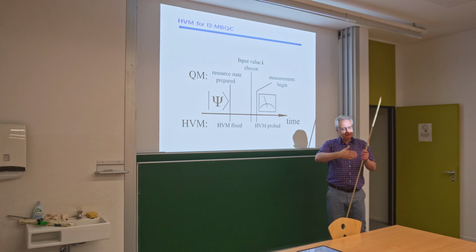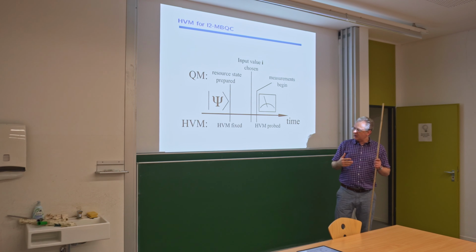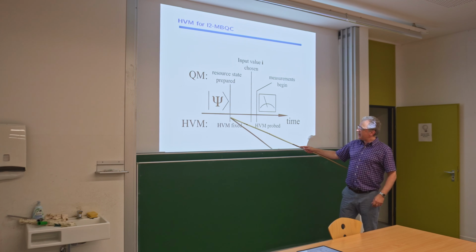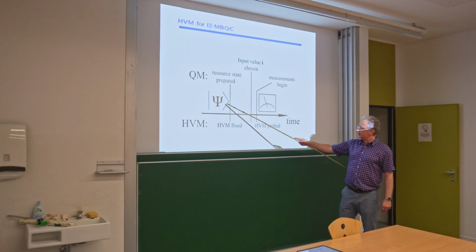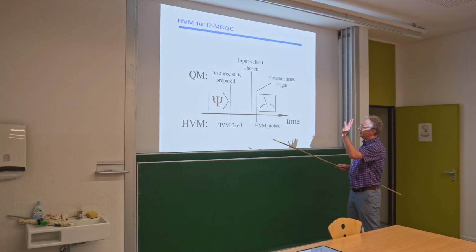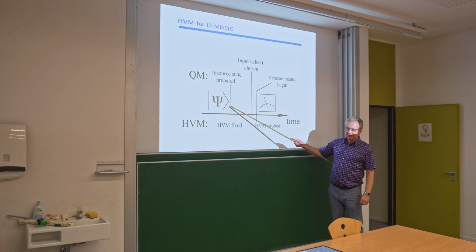From this variety of catalogs, dice are rolled and one particular catalog is picked, and at that point all the value assignments are fixed. That is the alleged representation of the quantum state.